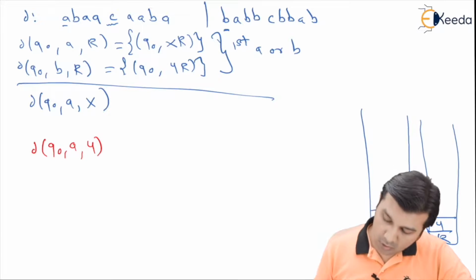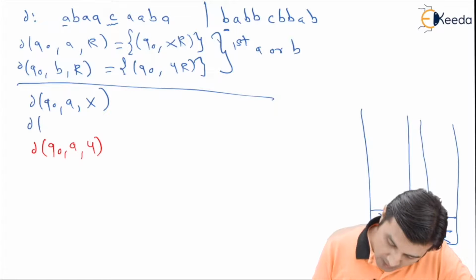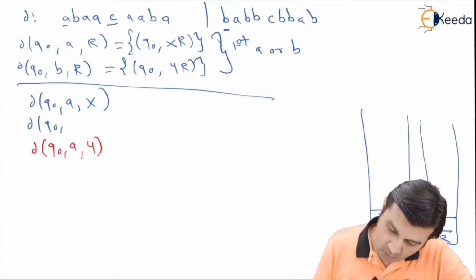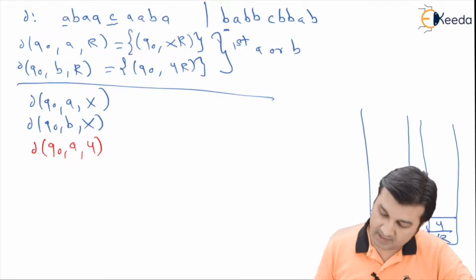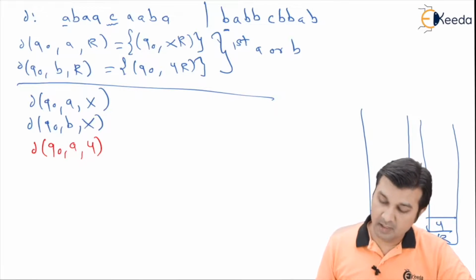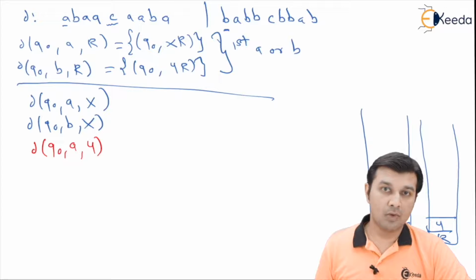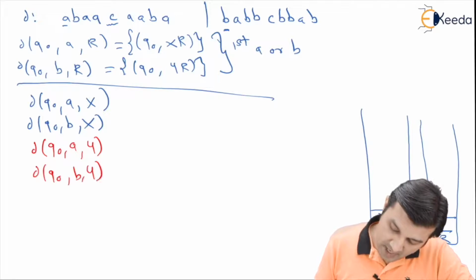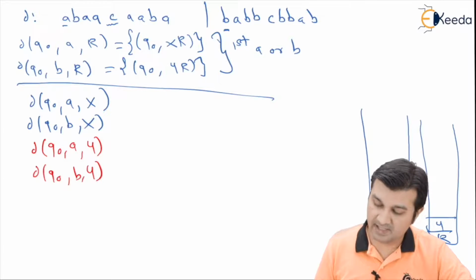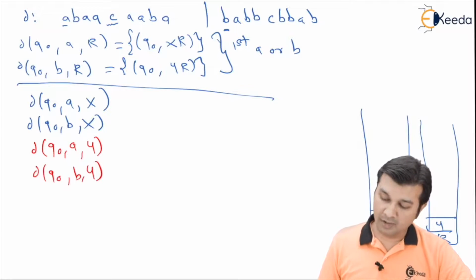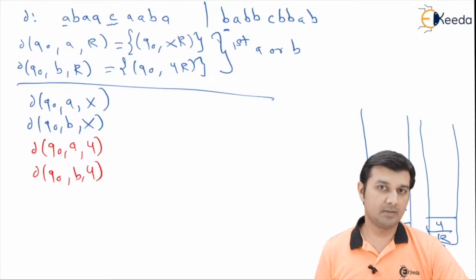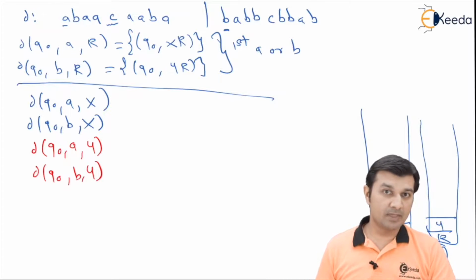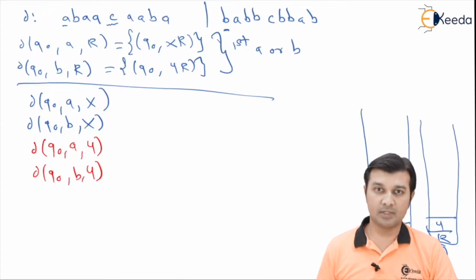Also, I can have I'm in state Q0, input symbol is B, and the stack top is X. That means in stack 1 a B comes now. Or I'm in state Q0, input is B and the stack top is Y. That is in stack 2 after a B one more B comes. So these are the four possible cases considering the two examples above.